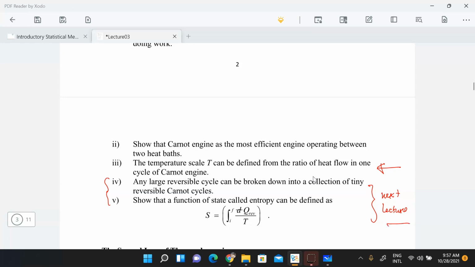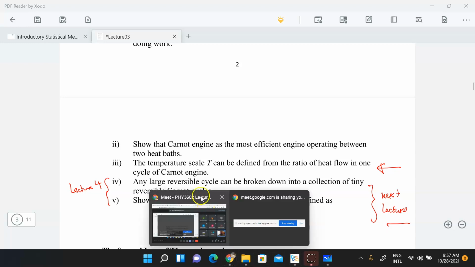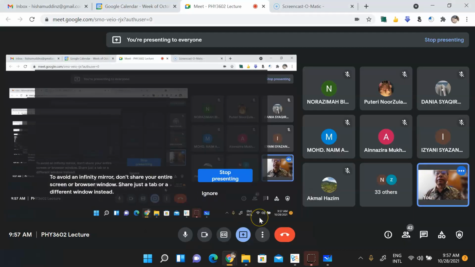Okay. So I will upload this set of notes. This will be lecture 3. This one will be lecture 4. So I will upload lecture 3 first, and I will continue to do lecture 4. Hopefully you can be patient with my note making, because essentially I do not have ready notes for this particular course.